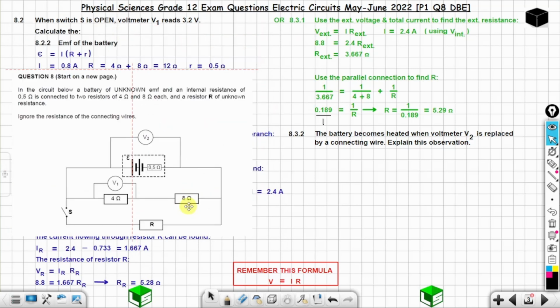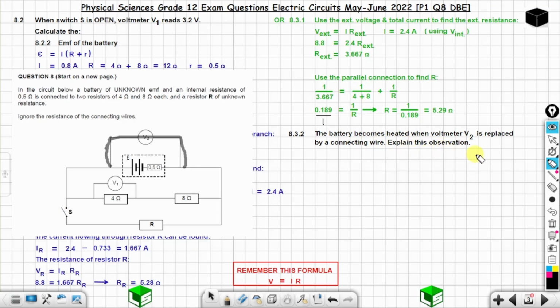So, when you replace voltmeter V2 by a connecting wire, you have a wire there. Instead of a voltmeter, you have a wire. Now the battery is heated.